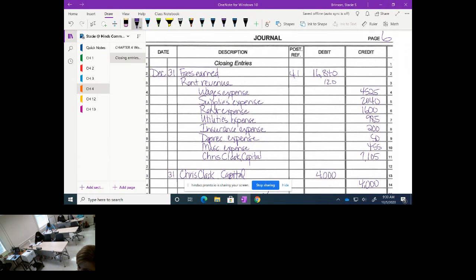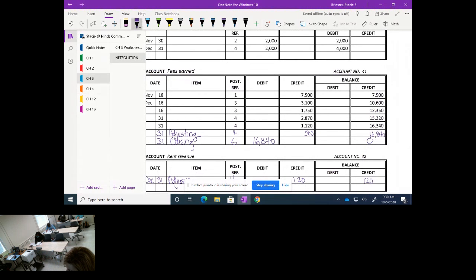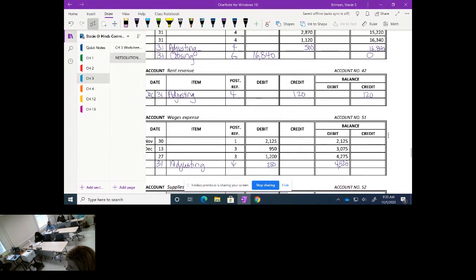The next thing is to debit rent revenue, so we'll put a 31. We'll write the word closing here, page 6, and we debit rent revenue. If we combine a debit and a credit, we end up with 0. They're both the same amount. So you see what we're doing?